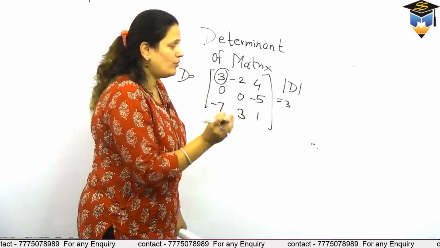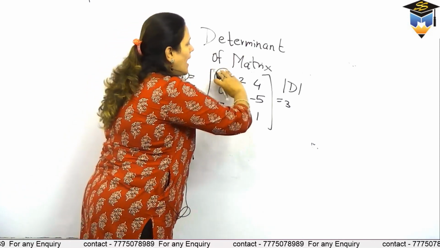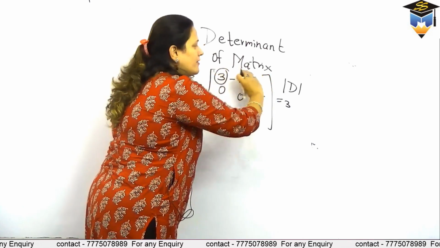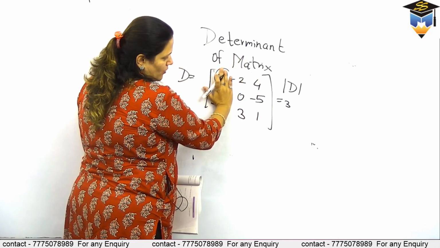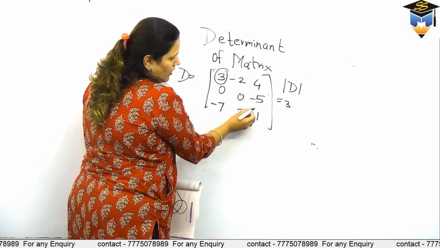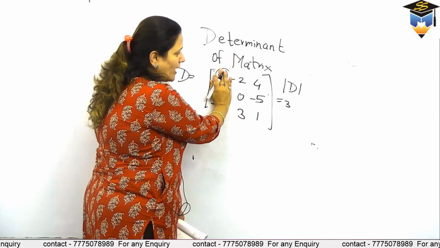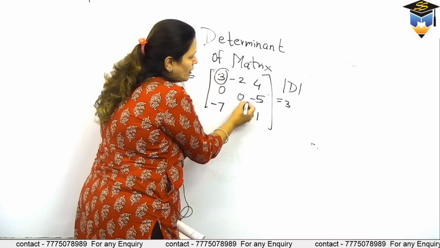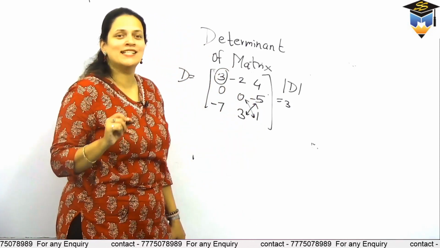Now take this particular 3 and do not consider this row and this column. If you don't consider this column and this row, then you can see there are these numbers 0, -5, 3, 1. So I'm going to cross multiply these two and put a minus sign in between.